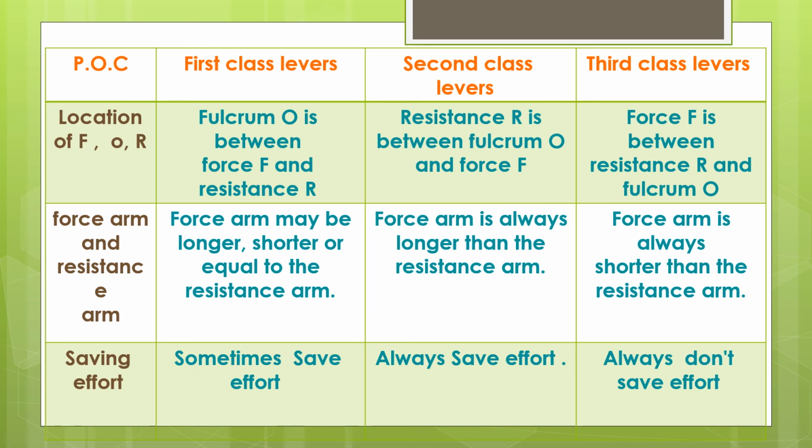Force arm may be longer, shorter, or equal to the resistance arm, while in second-class levers, force arm is always longer than the resistance arm. But in third-class levers, force arm is always shorter than the resistance arm.